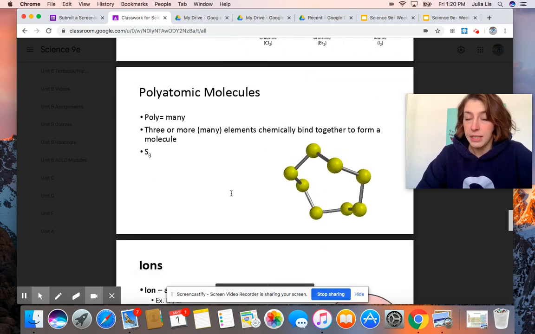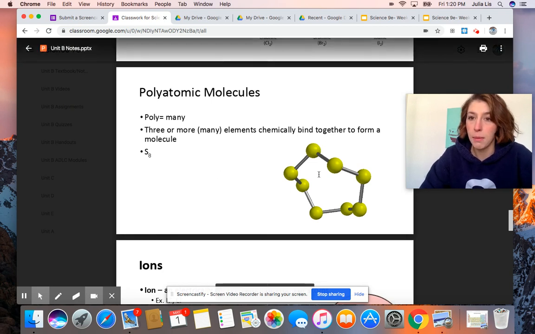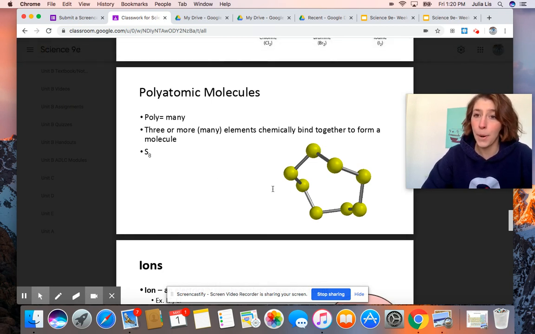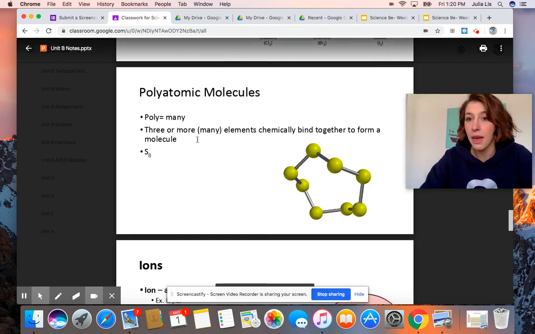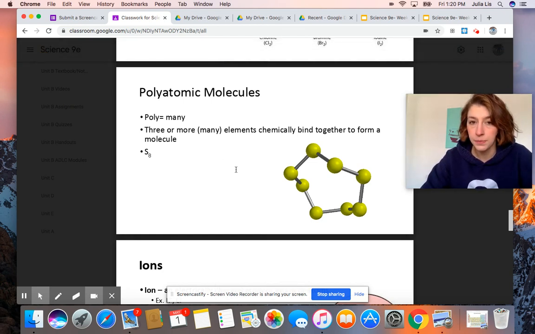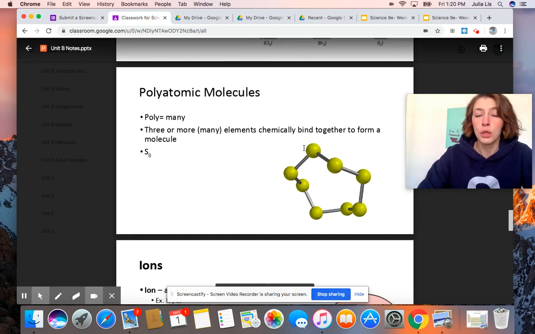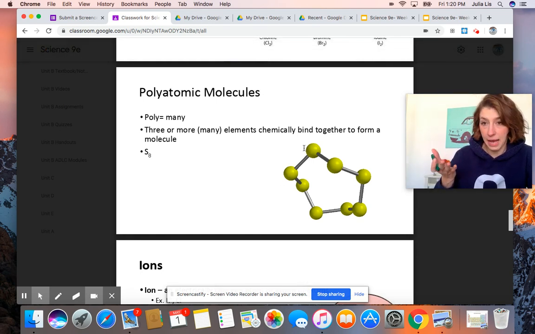Some other types of molecules that we have are what are called polyatomic molecules. Poly, also in math and science, will mean many. So what we're saying is we're having many atoms together to form a molecule. A real common one that you'll also see a lot of in grade 10 is sulfur. So this is sulfur here. Sulfur, the element, doesn't like to be by itself.